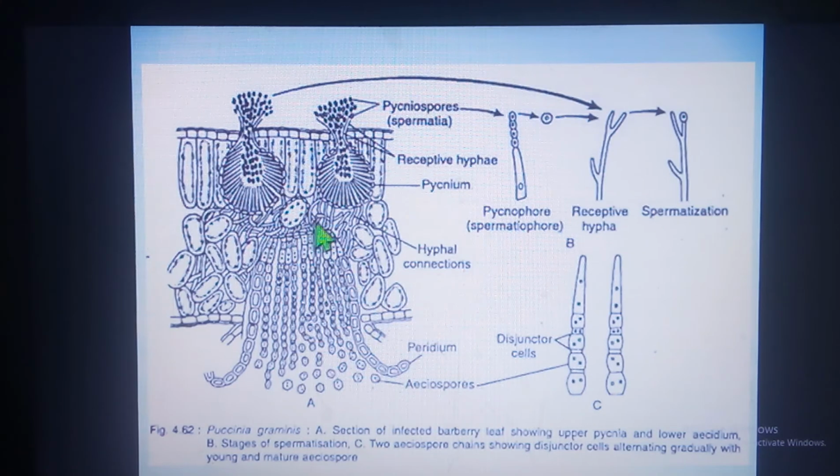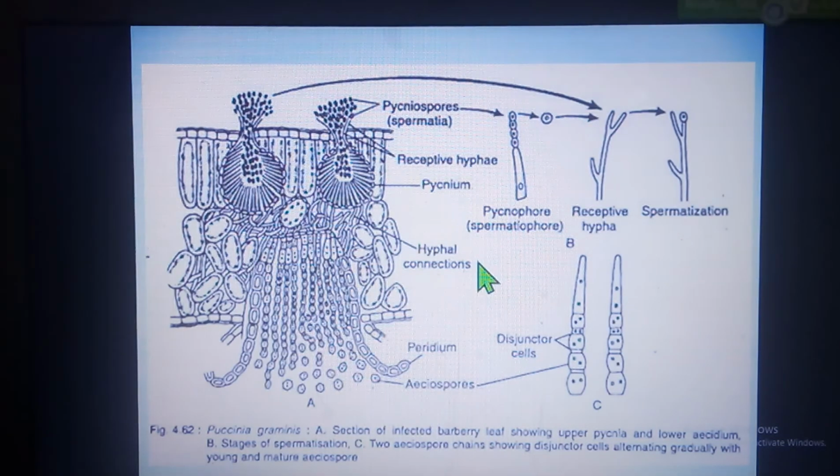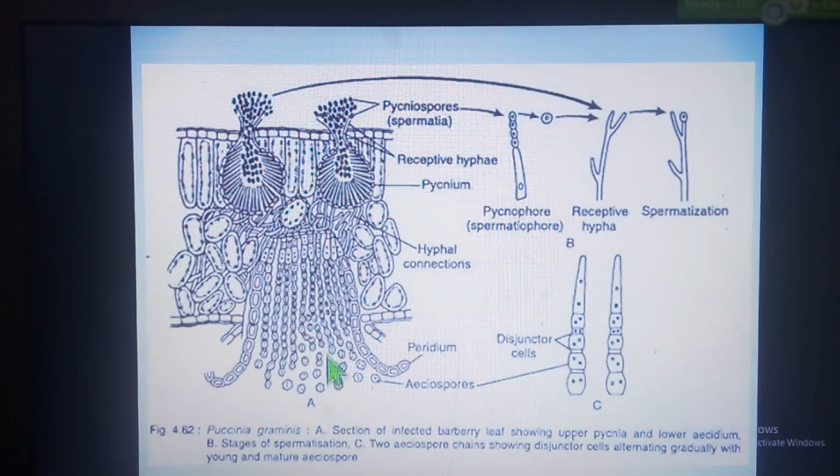You can see here the hyphal connections. They will go downward towards the lower side of the leaf, forming a respective immature aecium, or we call it aecial primordium. Further growth is initiated within a few days of spermatization.